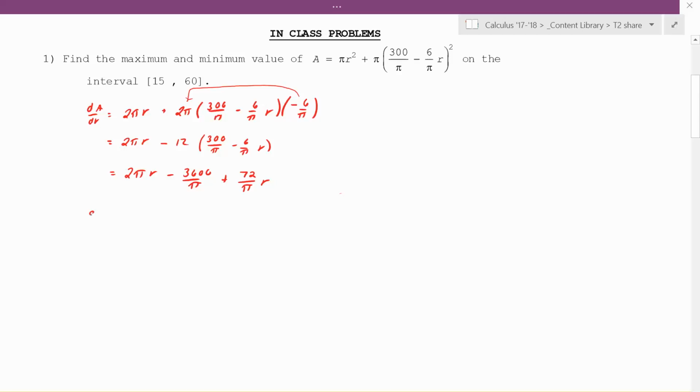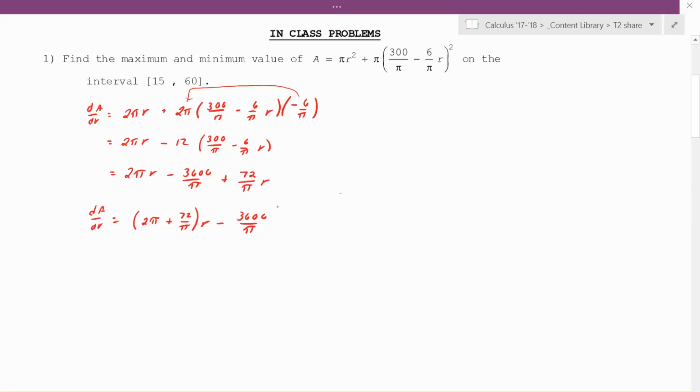So our dA/dr equals, notice I've got an r here and I've got an r here. So if I factor out the r, I've got the 2 pi plus 72 over pi times r minus 3600 over pi.